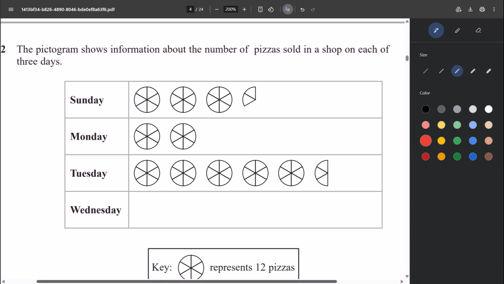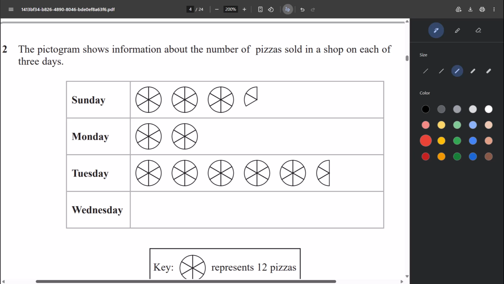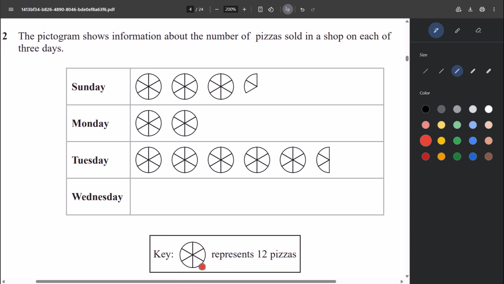The pictogram shows information about the number of pizzas sold in the shop on each of these 3 days. And we know from the key that every time you have a full circle that's split into 1, 2, 3, 4, 5, 6 represents 12 pizzas. So we can begin to list all the information that we have on our screen.